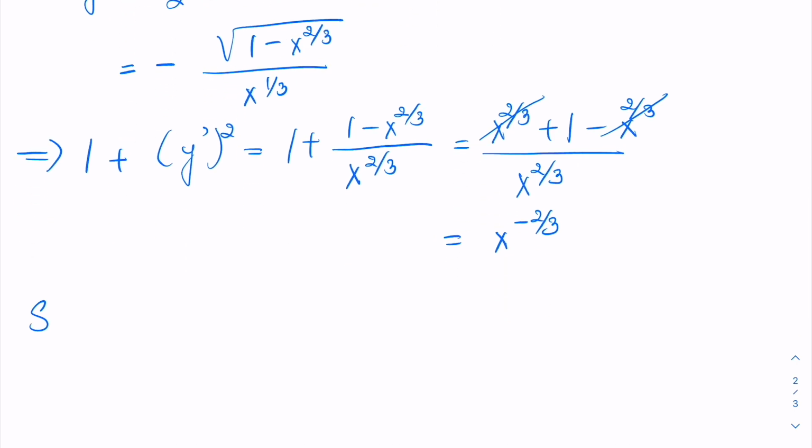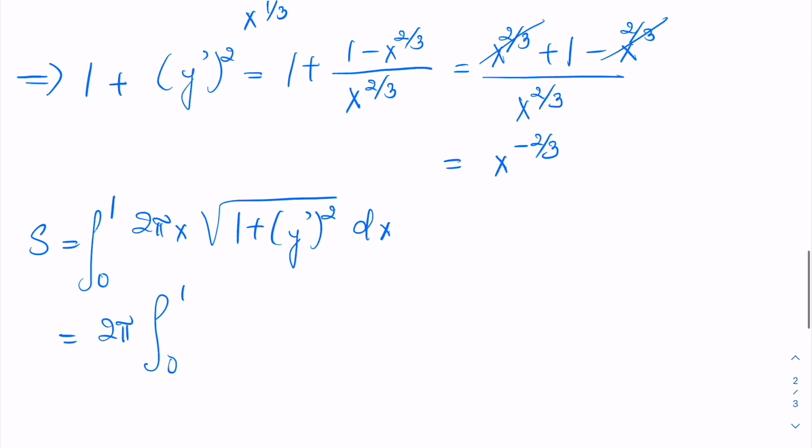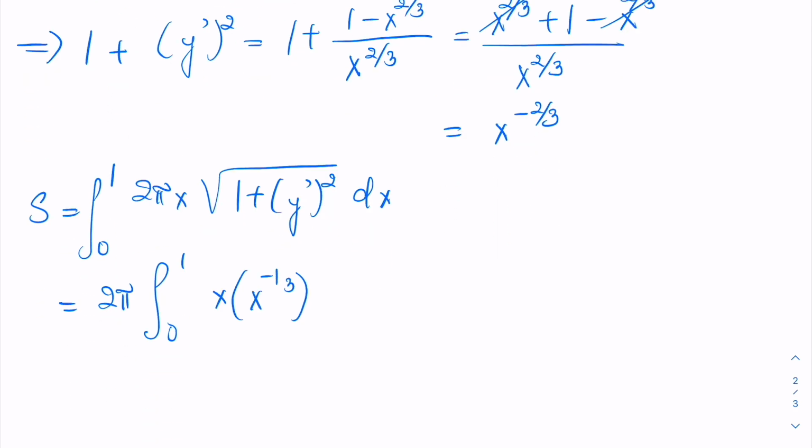So taking the surface area from 0 to 1, 2 pi x square root of 1 plus y prime squared dx is going to be 2 pi from 0 to 1, and I have x times x to the negative 1/3. Right?